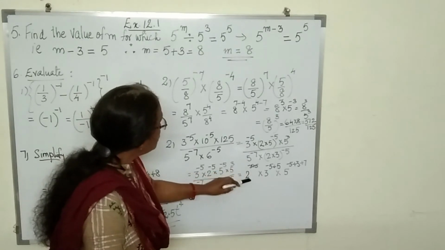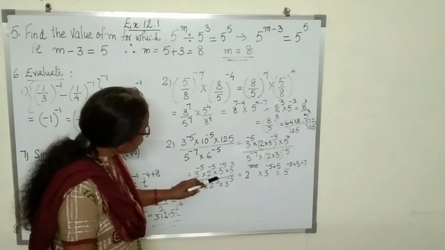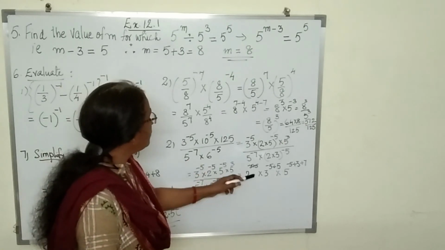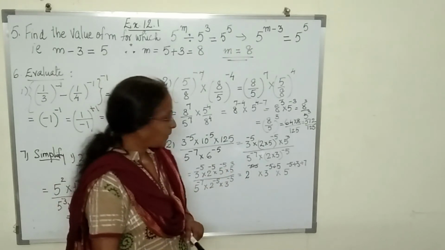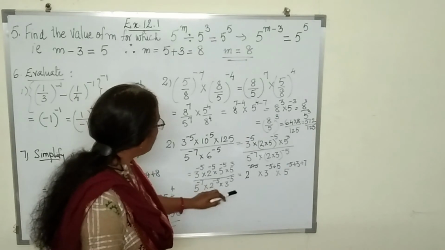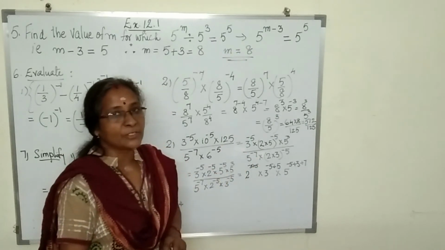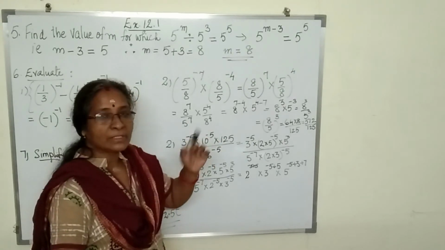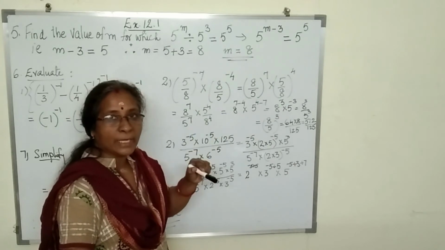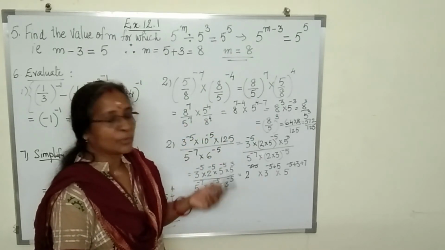So this 2^-5 from the denominator, when it goes up, will become 2^5. Similarly, here 3^-5 and this 3^-5, when it goes to the numerator, it will become 3^5. Whenever they change position, numerator to denominator or denominator to numerator, the power will turn into its opposite.